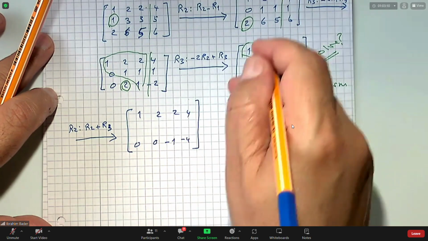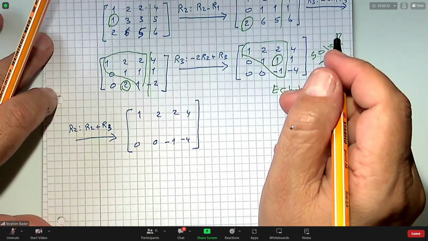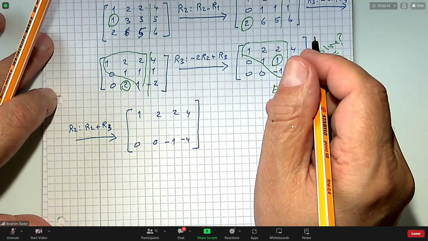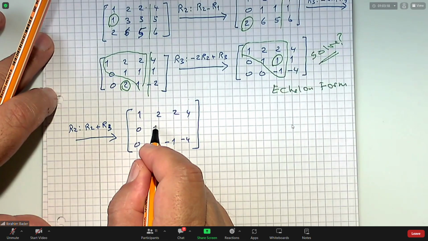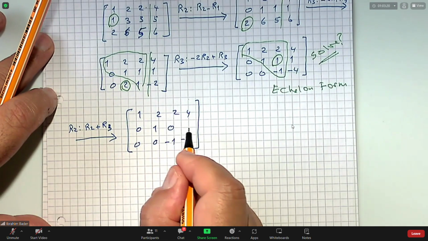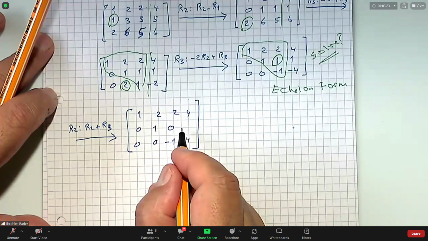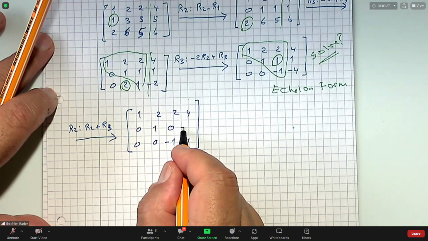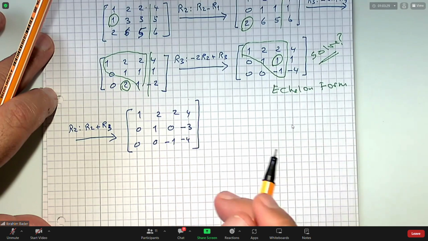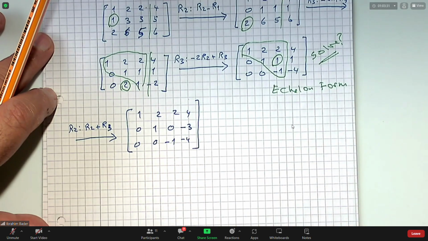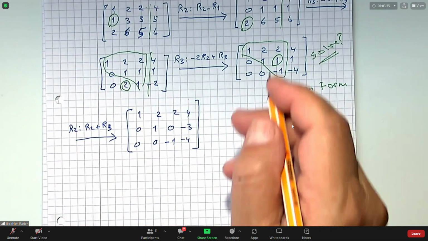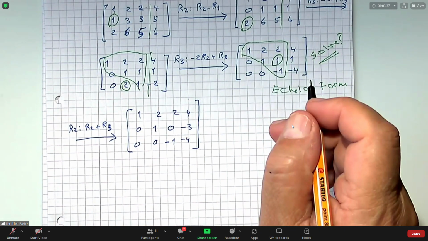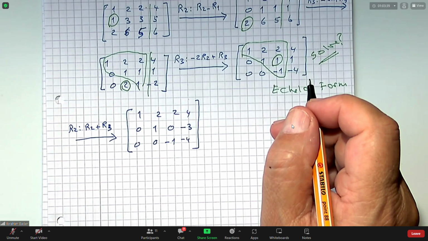Now, this one, no need even to do it on scratch paper, because it's actually straightforward. 0, 1, 0. Then you have here negative 3, right? Okay, now in the next step, we will get rid of this 2 here.